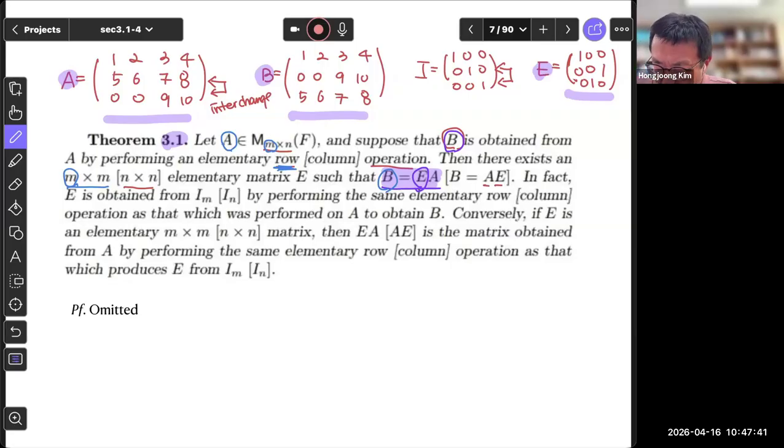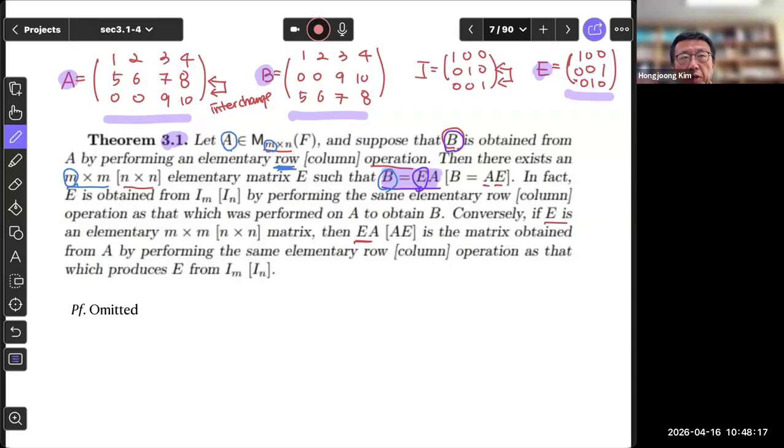Okay. So in fact, E is obtained... And conversely, if E is an elementary m by m matrix, then EA, if you pre-multiply by this elementary matrix, you obtain a matrix from A by performing the same elementary row operation as that which produced E from the identity matrix.